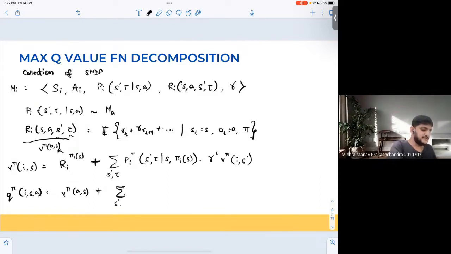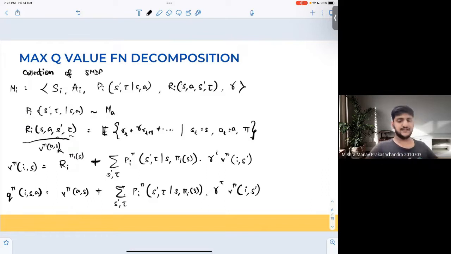plus whatever was there earlier. So you have the probabilities of moving to state s prime. So it should be pi I of s times gamma tau v pi of I of s prime, right?